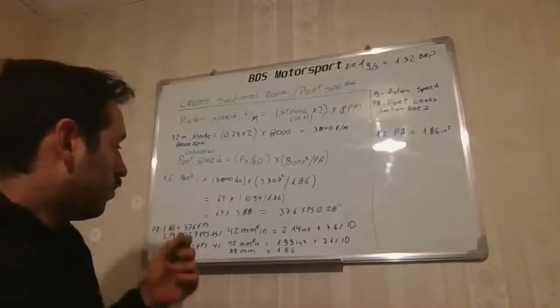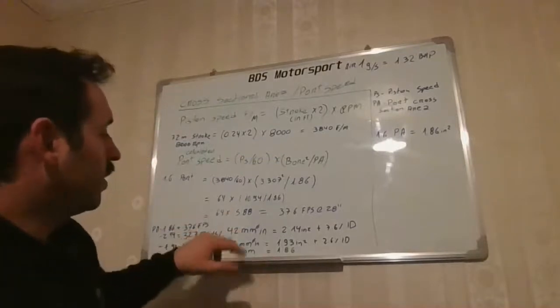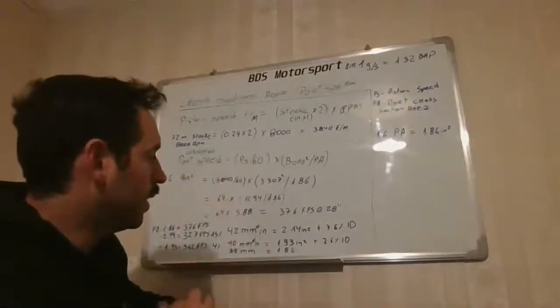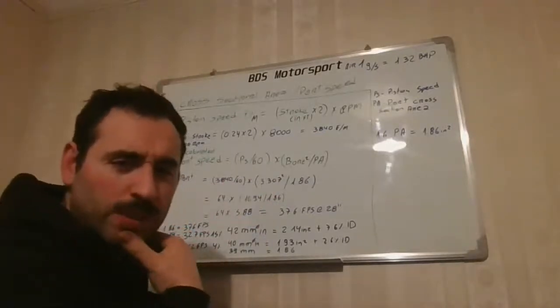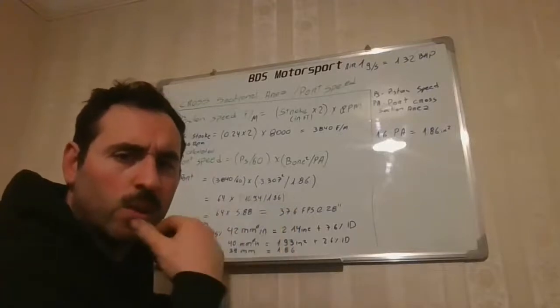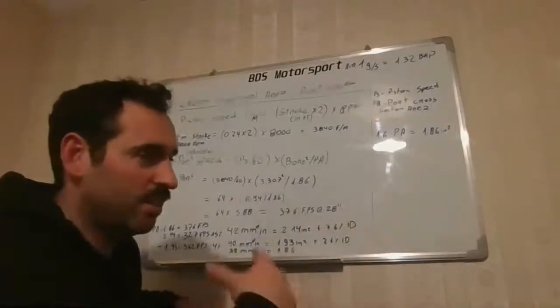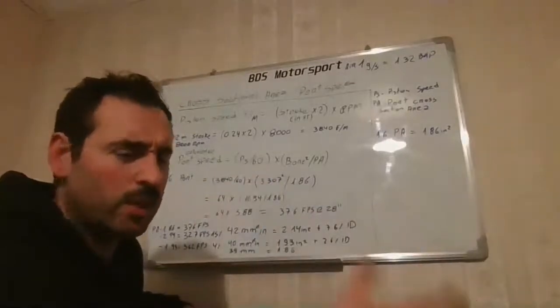Now, let's have an example. For that 1.6, I want to go with a 42 mil ITB. Let's put ITB because it's easy, everyone understands, and everyone knows it's free flowing.